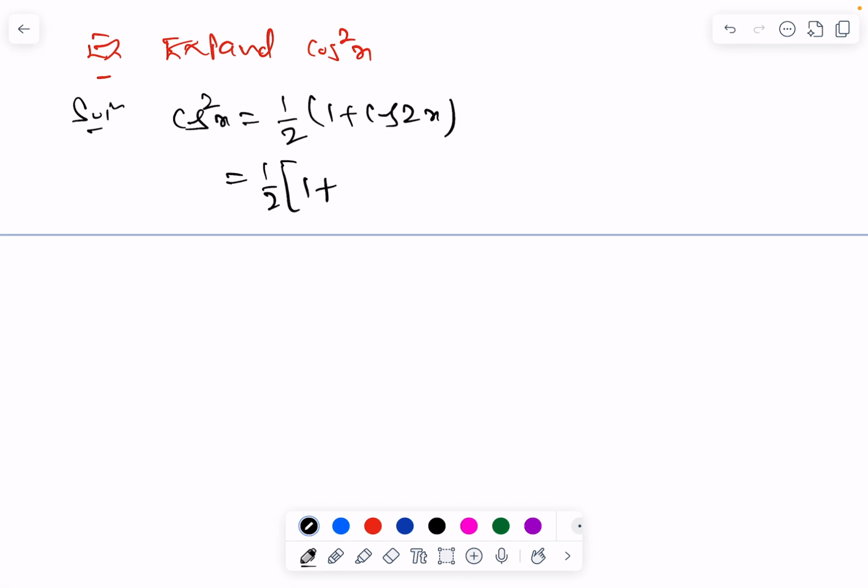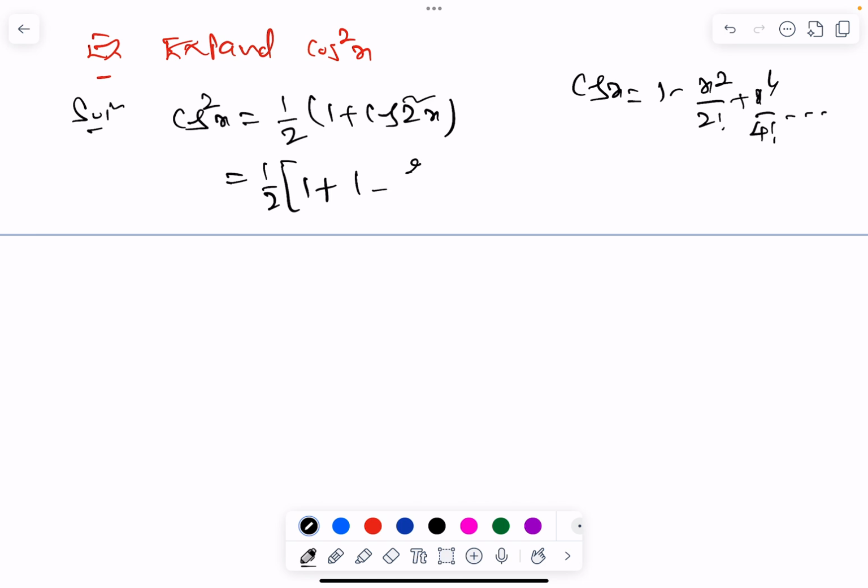Now the formula for cosine x, Maclaurin series of cosine x, that is 1 minus x square by 2 factorial plus x power 4 by 4 factorial, and so this is a 1, then minus, now we have 2x, so 2x square by 2 factorial, 2x power 4 by 4 factorial, and so on.